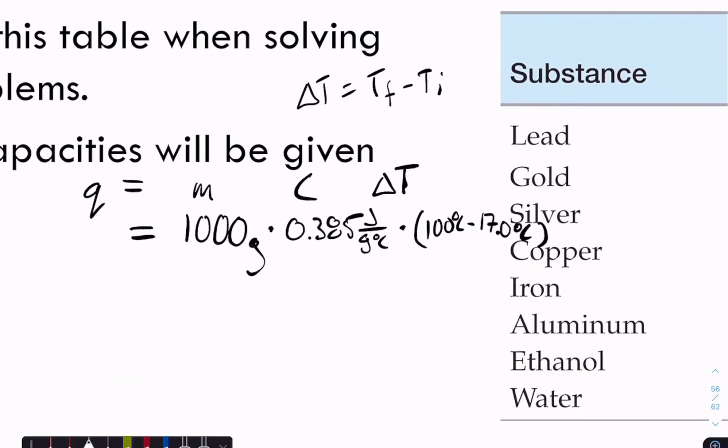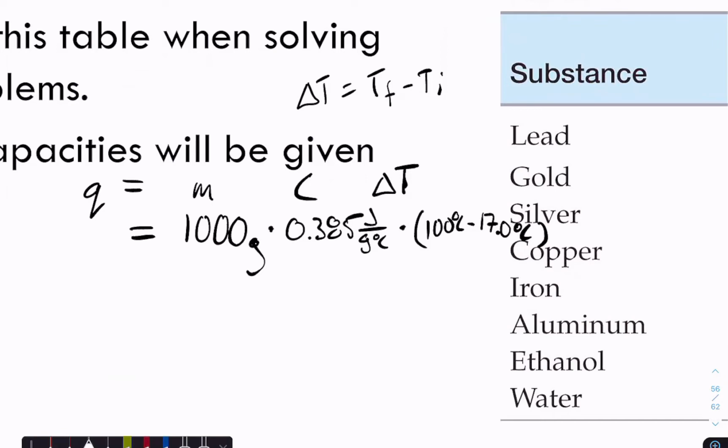For this equation, as long as you know the mass in grams and the heat capacity, you can calculate it. In today's lab, you're going to do an experiment to figure out the heat capacity of a metal. Most of the time, you'll just look it up in a table. For copper, it's 0.385.